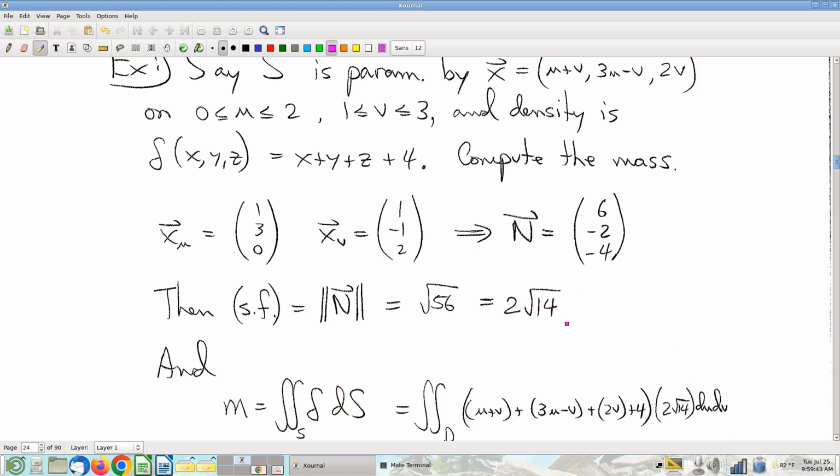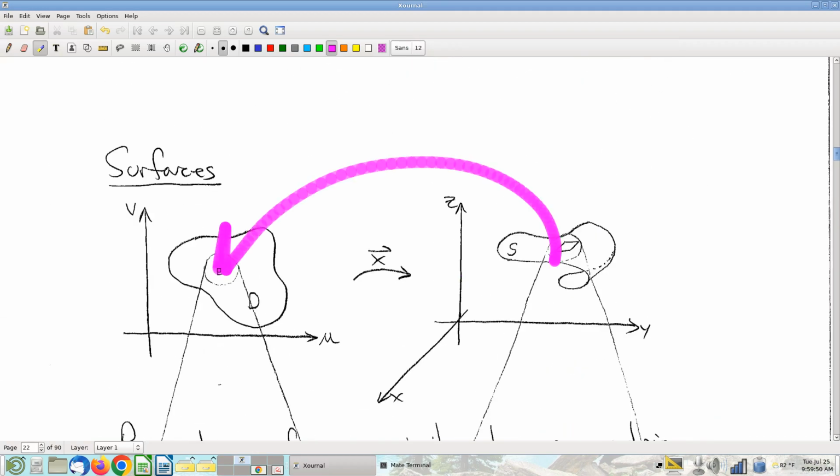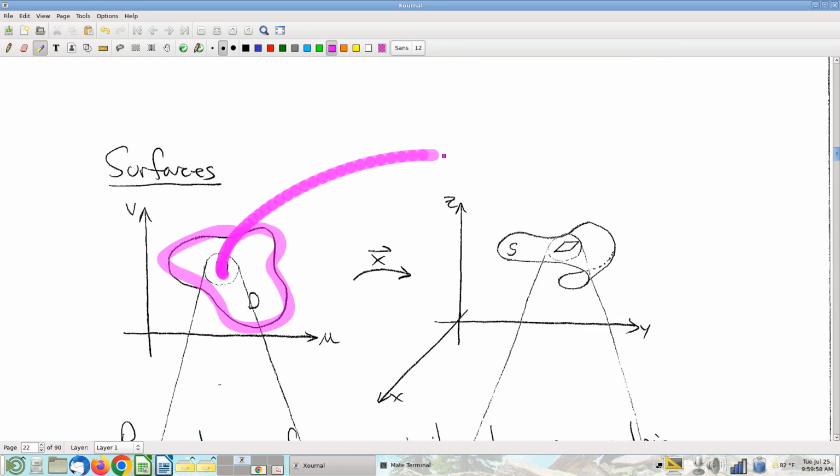Oh, one little detail I left out. Now, of course, when you do a pullback, you need to know what your new domain is. The domain is literally going to be just the values of u and v whose image gives you the surface itself. Namely, your pullback domain is just whatever part of your parameterization tells you where that parameterization is defined.